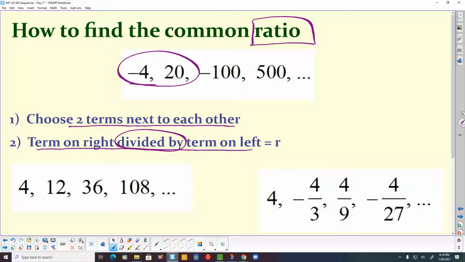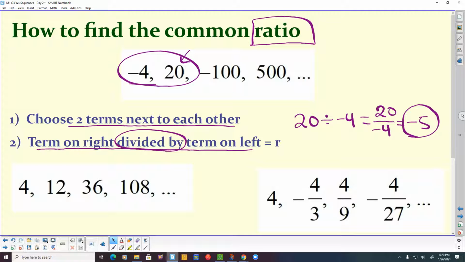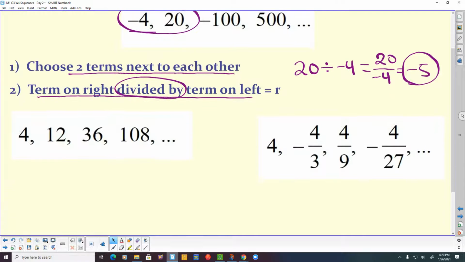So 20 divided by -4. I'm going to write this as a fraction almost always. I can see it's going to be a negative number, and 20 divided by 4 is 5. This is my common ratio, -5.